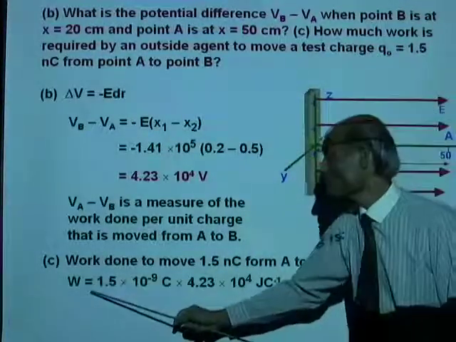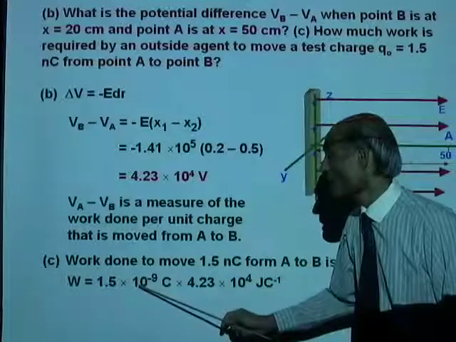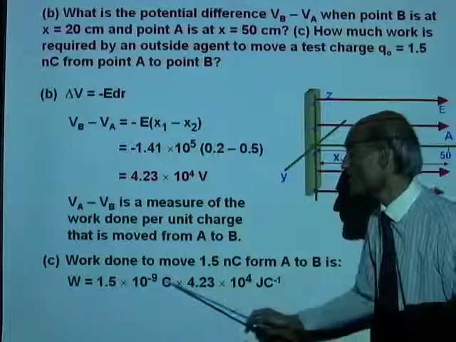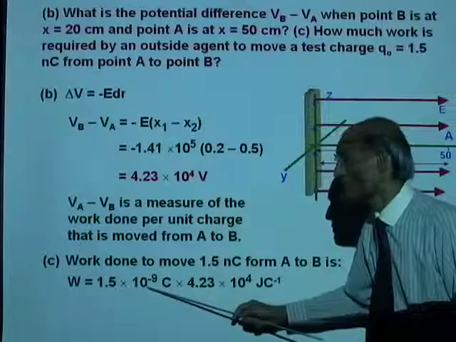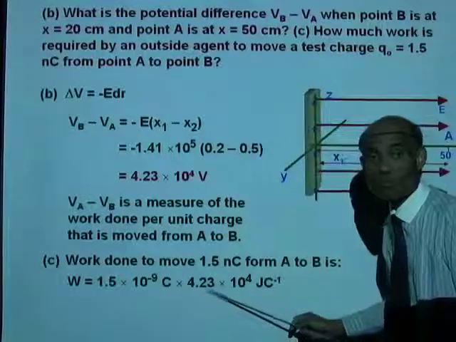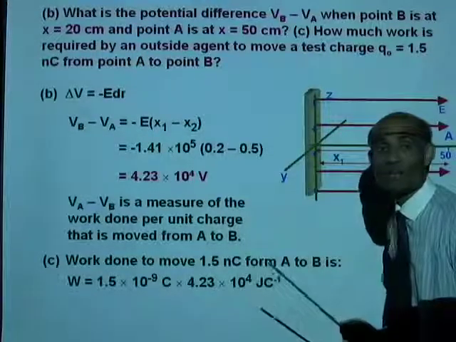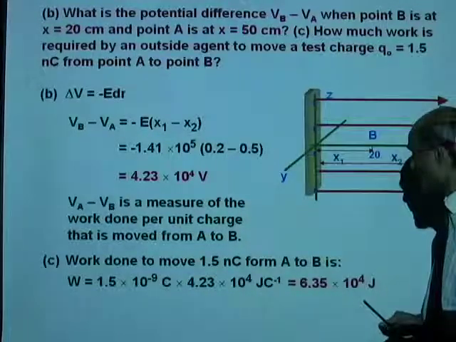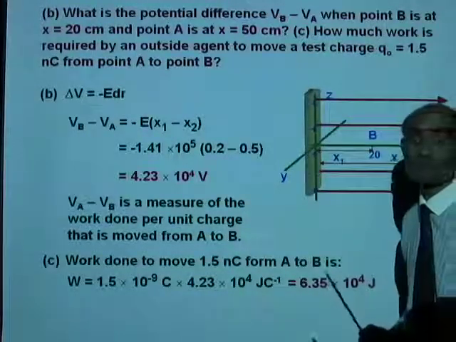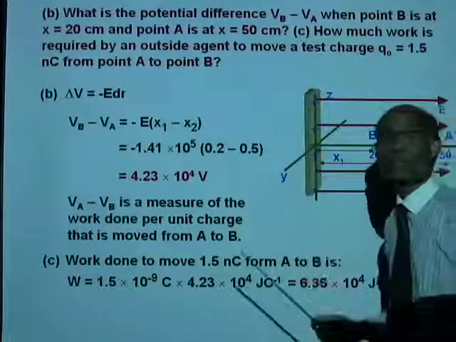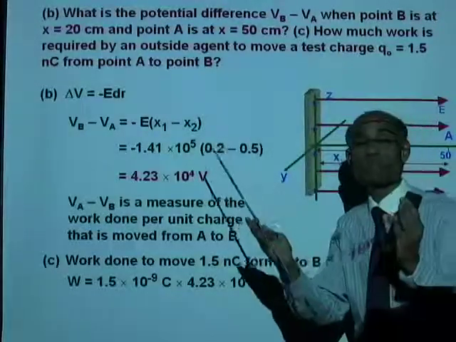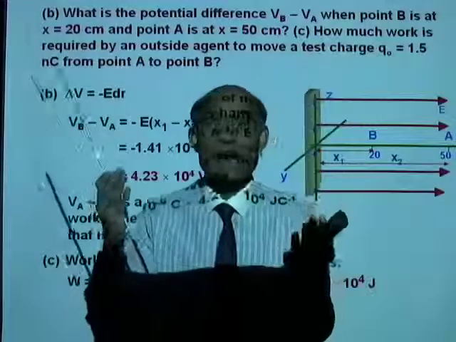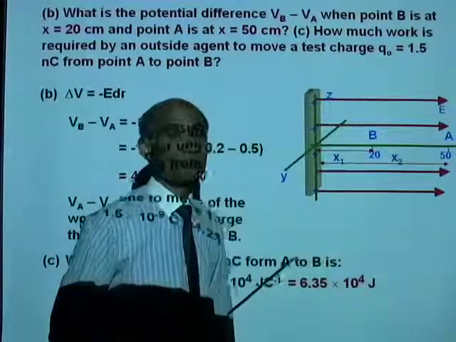That will be W equal to 1.5 times 10 to the negative 9 coulomb, the amount of charge, multiplied by the work done per unit charge, and that is 6.35 times 10 to the 4 joules. So here we clearly use the relation between electric field and potential difference.